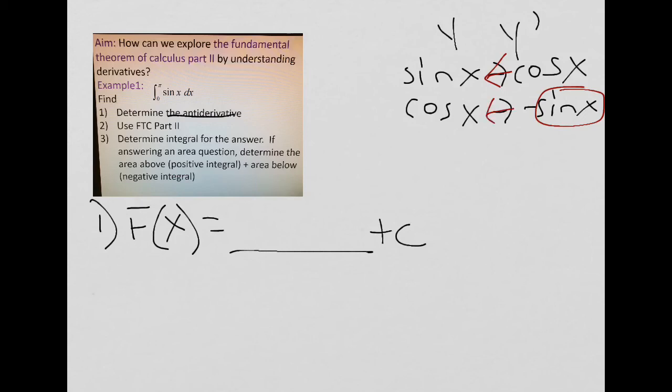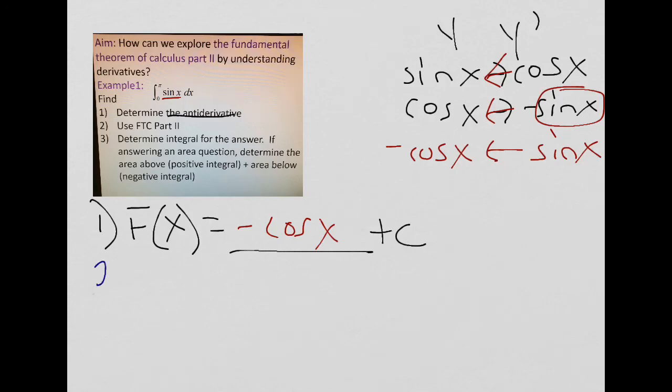So instead of writing cosine of x, we have to write negative cosine of x. That is our antiderivative for positive sine of x. So when you have an integral, try to reverse this the other way. So the integral of sine of x with respect to x is capital F of x equals negative cosine of x plus c.